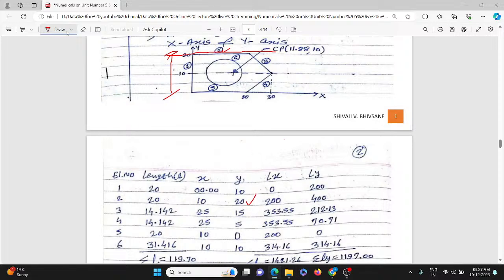Okay. Then consider the element number third. So this is the element number third. So where is the centroid, that is the y? It will be at the center somewhere else. So for that purpose, again you have to calculate this particular distance.